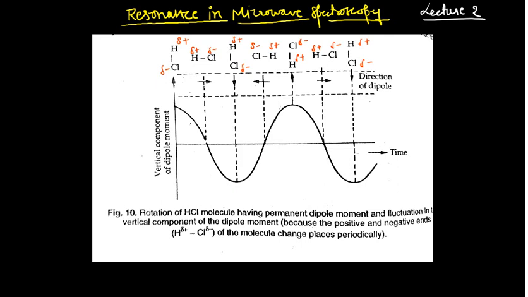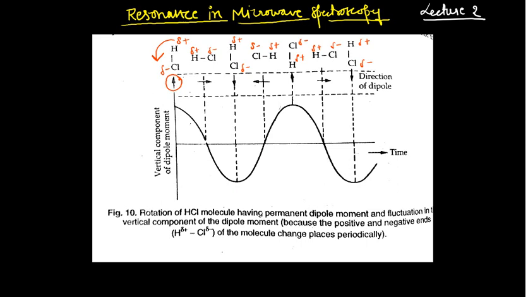So what is happening in that case? You see this is the sinusoidal wave. And this is the HCl molecule, and its dipole moment is facing upward, and the molecule is rotating. Say the molecule is rotating in that manner.